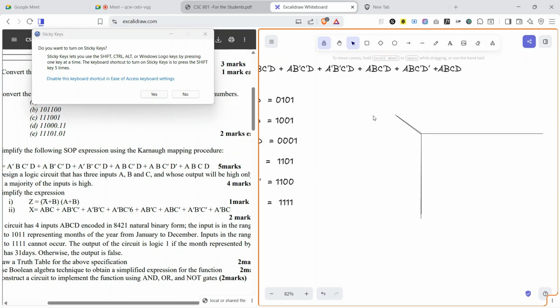We have our AB on this side and our CD on this side.